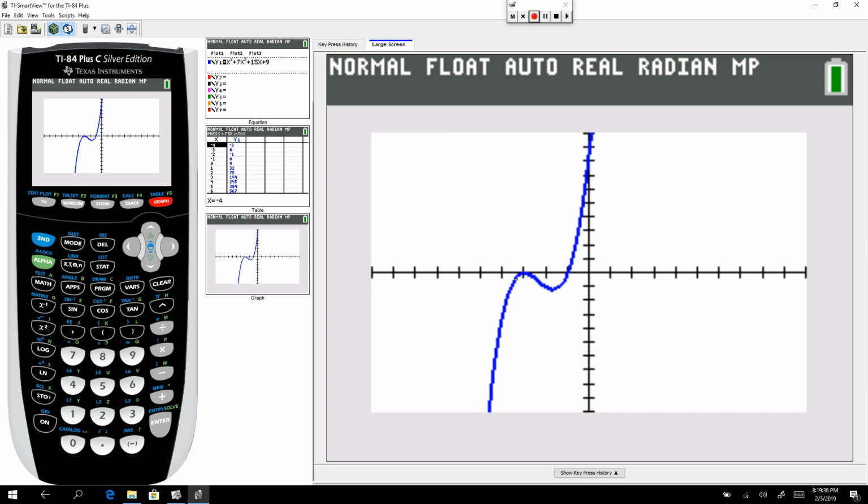So I see an interaction at -3, that was certainly on my list of things to expect, and I see an interaction at -1. But remember those notes about multiplicity. The interaction at -3 is a bounce, so that has a multiplicity of 2. And the interaction at -1 is a cut through, so that has a multiplicity of 1.